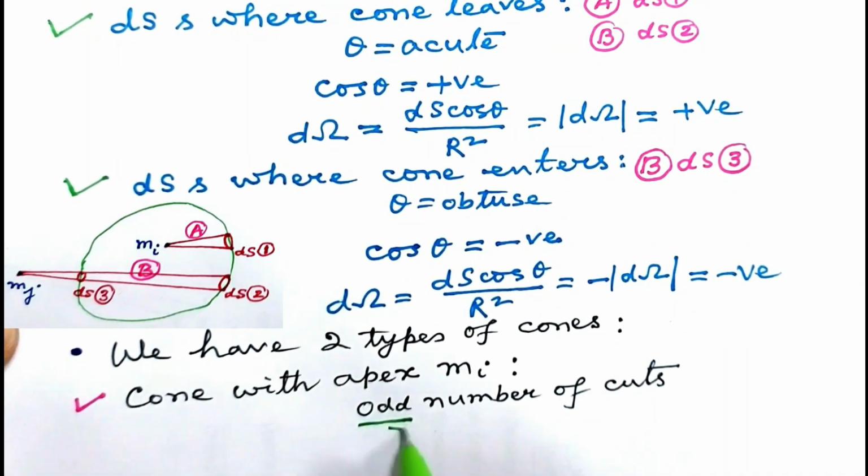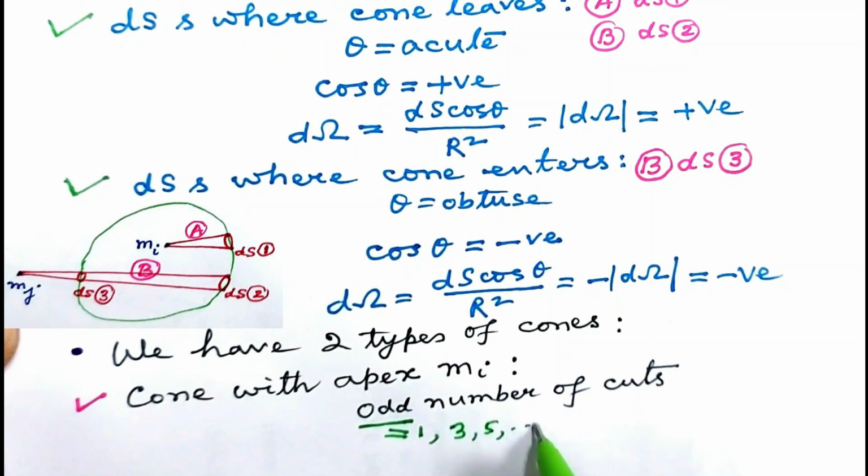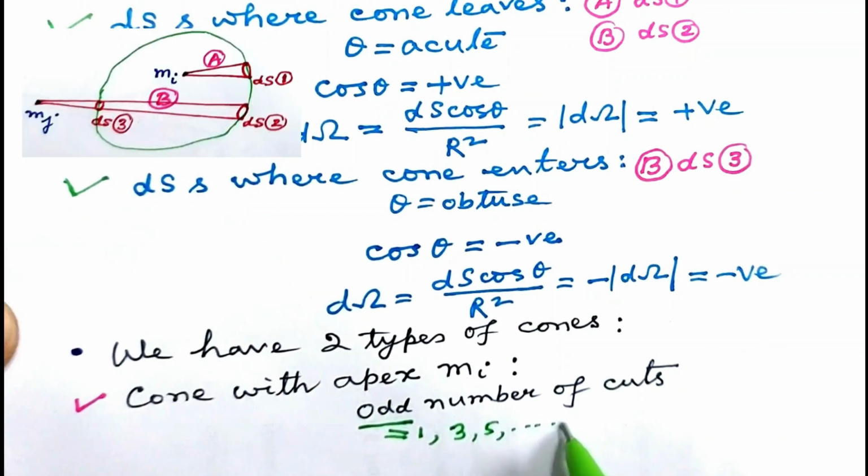Odd means 1, 3, 5, etc., crosses across S. In the diagram shown, the cone labeled encircled A and starting from mi cuts the surface S once at ds labeled by number encircled 1, and this cut or intersection is while the cone is exiting the surface S. It is going out of S.